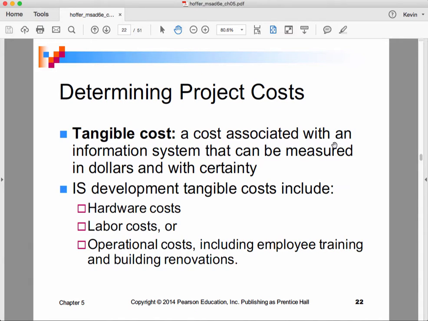Now, we looked at the benefits, both tangible and intangible, and we're going to look at the costs, both tangible and intangible now. So a tangible cost is a cost associated with an information system that can be measured in dollars and with certainty. These might include hardware costs, labor costs, operational costs, including employee training and building renovations.